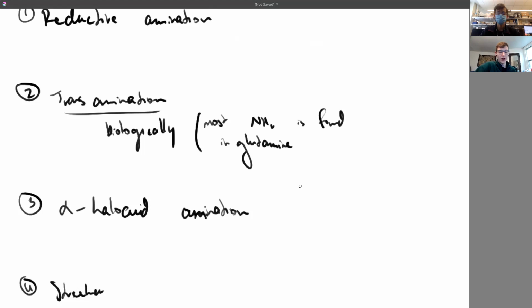Glutamine is, for whatever reason, just biologically the really accessible form of nitrogen. The name glutamine might suggest that there's an amine involved, and right, you have glutamine and there's this nitrogen here.